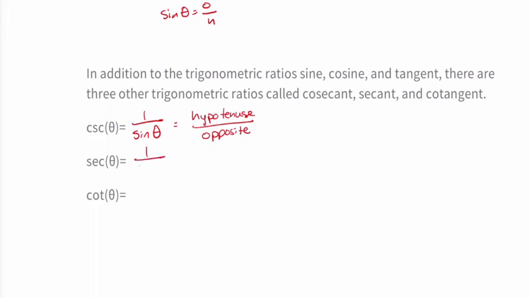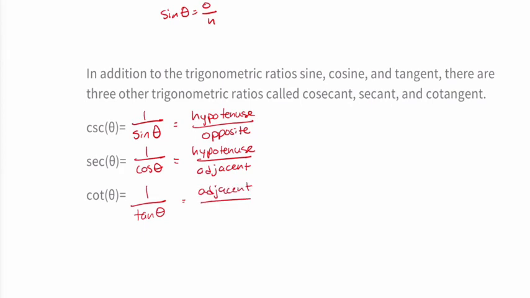Secant is 1 over cosine, which is going to be the hypotenuse over the adjacent side. And cotangent is going to be 1 over tangent, which is going to be the adjacent over the opposite. Note that cosecant is 1 over sine and secant is 1 over cosine. You think it should be the other way around, but it's not. Remember that.